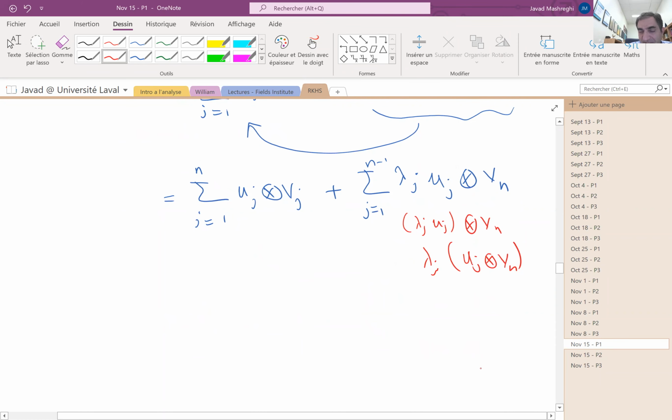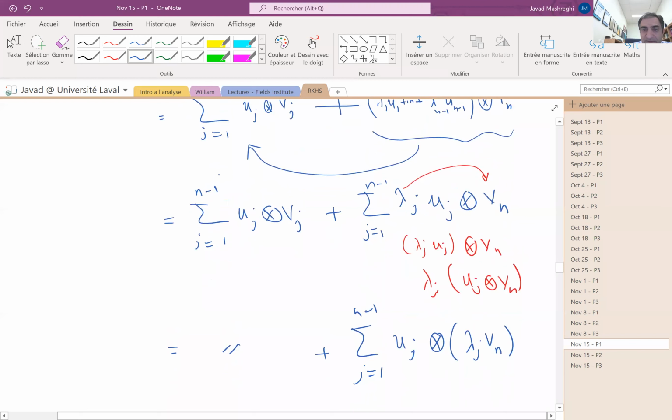And indeed, in the next step, I will take lambda j and put it with vn. So this term is the same, but for the other term, I write uj tensor lambda j vn, up to n minus 1. N minus 1 is important.